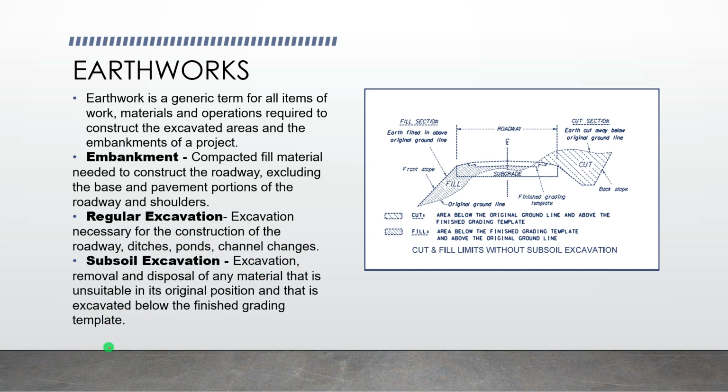Excavation, removal, and disposal of any material that is unsuitable on its original position, and that is excavated below the finished grading template. So here in this lesson, we will just focus on embankment and excavation soil.